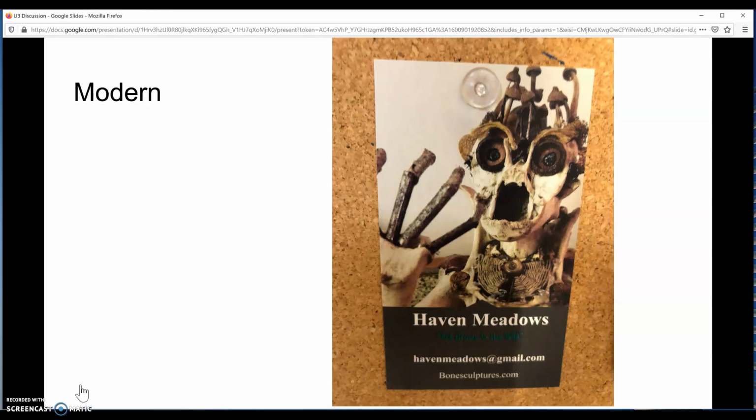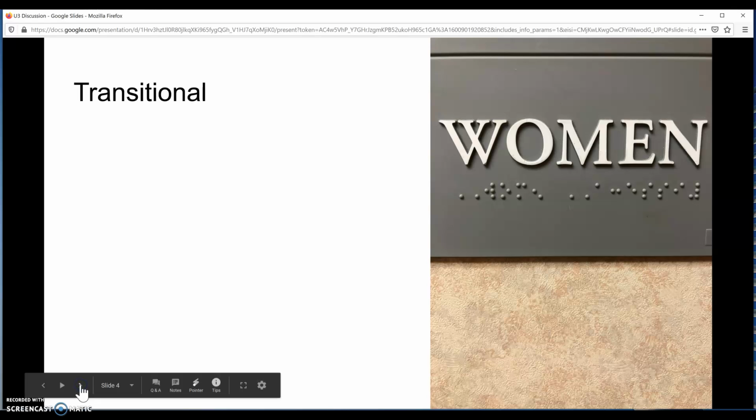You can tell that they have a larger contrast between their lines and the clean, straight serifs there at the ascenders and the descenders. So, yeah, I took a picture of the bathroom sign for the women's, for the transitional.